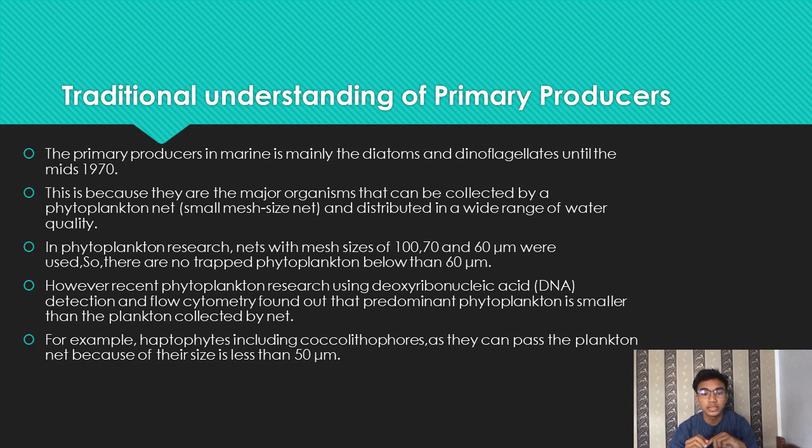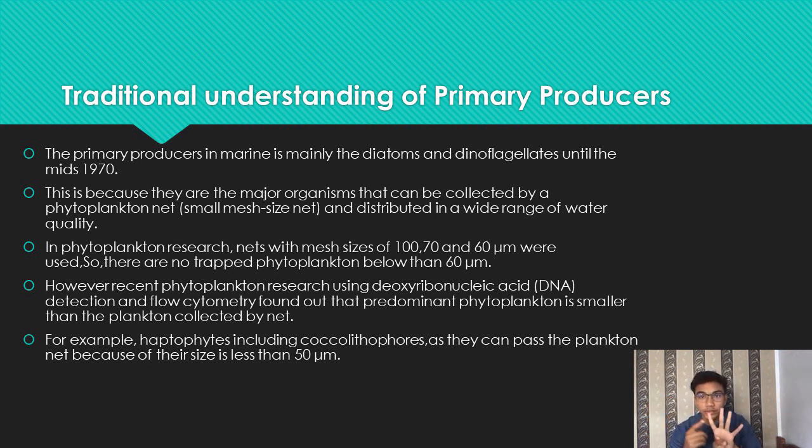Only these two are widely distributed and can be trapped by our phytoplankton net technologies at that time. Phytoplankton have only three sizes, which are 100, 70 and 60, at that time. In other words, phytoplankton below this size can pass through the net easily.